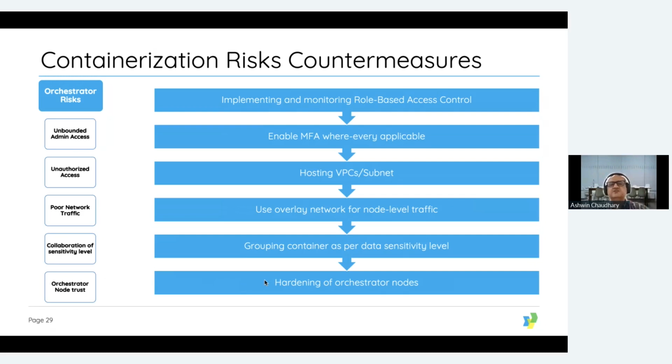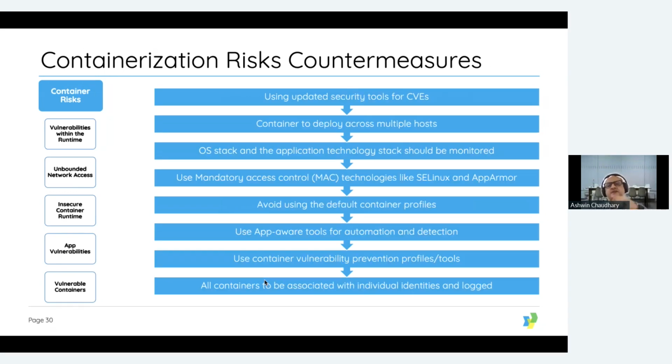So these are some of the risks, and the countermeasures are implementing and monitoring role-based access control, RBAC, implementing MFA, multi-factor authentication, hosting VPCs and subnets, using an overlay network for node-level traffic, grouping container traffic as per the data sensitivity levels, and hardening of orchestrator nodes. These are some of the mitigation measures.